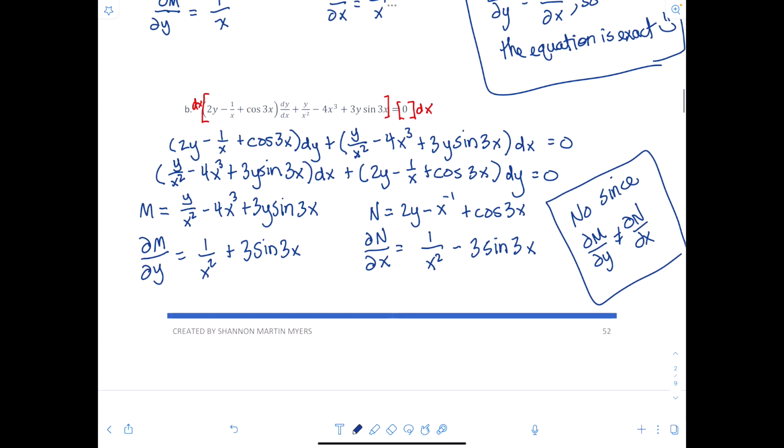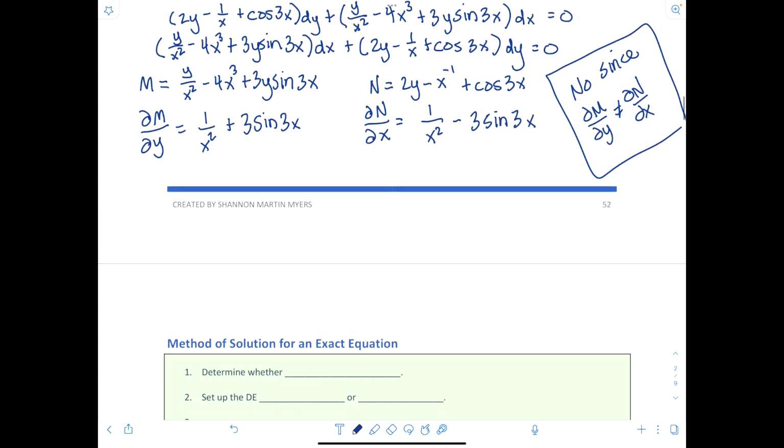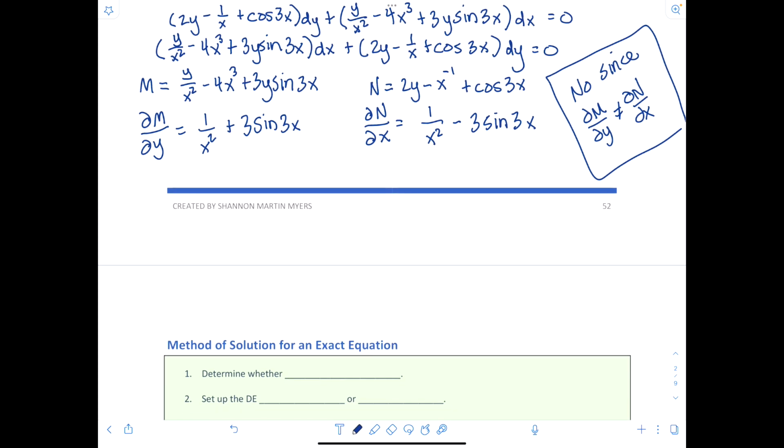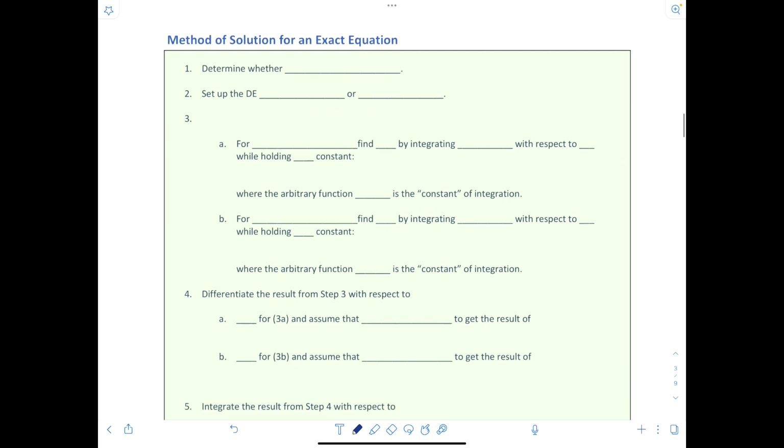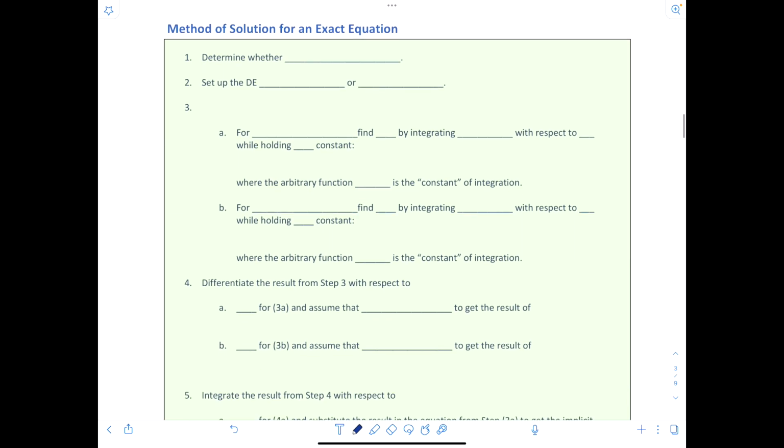All right, so now continuing, let's just take a look at this method here. Method to our madness. All right, so the method for solving an exact equation. Now this is going to seem a little vague, and I'm kind of splitting it apart. It's a little bit of a confusing process until you've done a few of them.